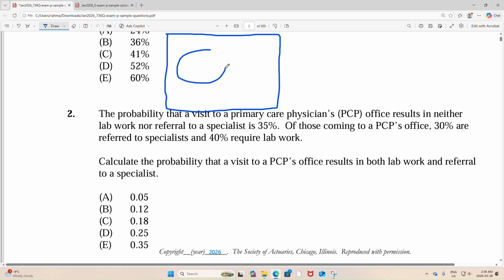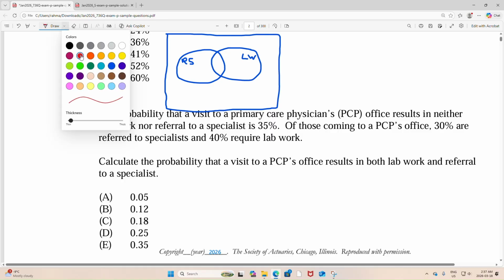And in this case, we just have the two events, which are referral to a specialist and lab work. Okay.